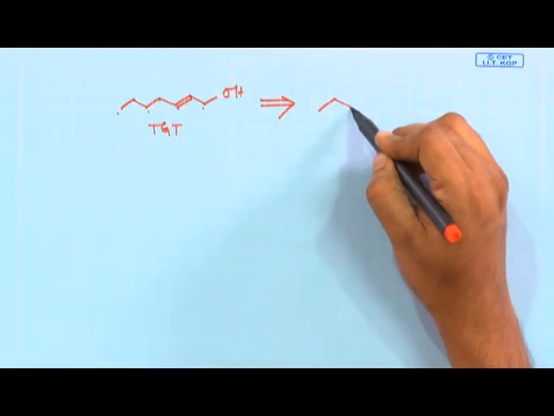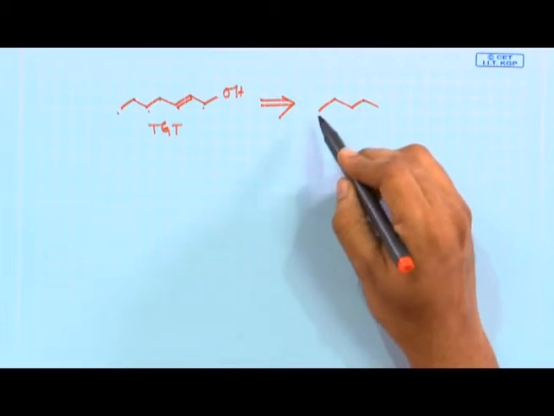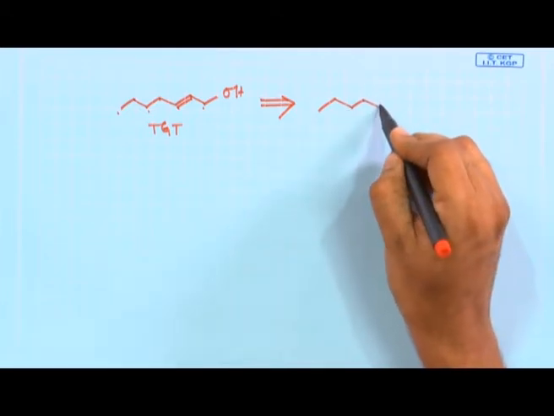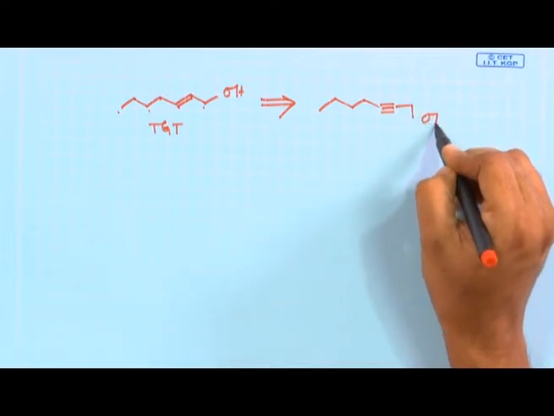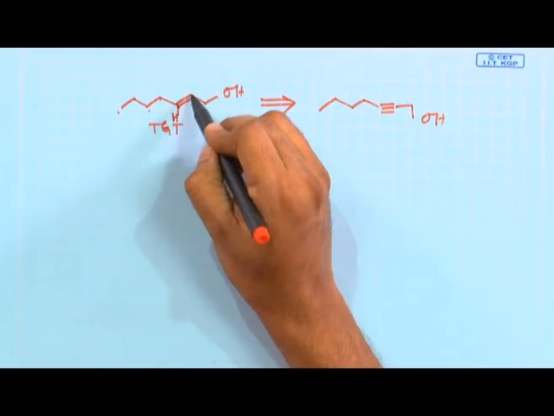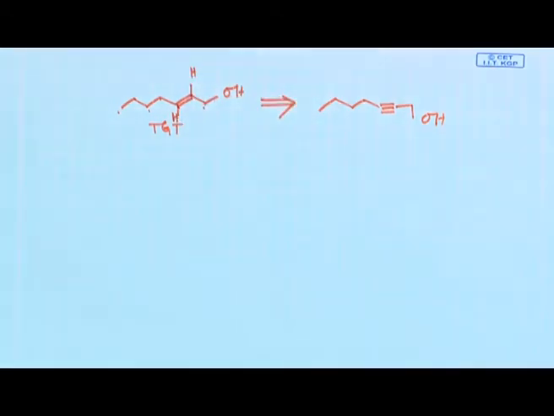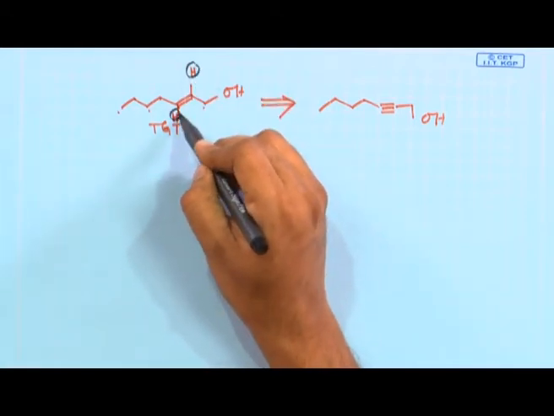We will initially try to figure out 1, 2, 3, 4, 1, 2, 3, 4, and we say if you have a propargylic alcohol, you can easily do it. Now, in the target molecule you have this double bond as trans geometry. Okay.